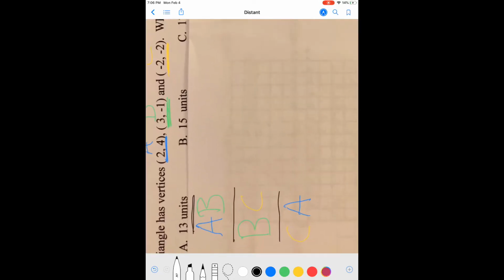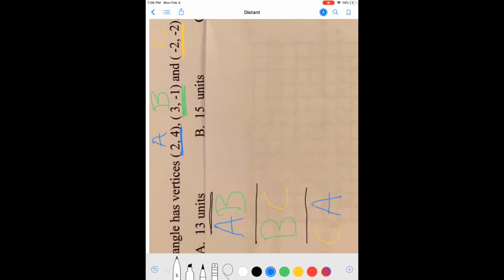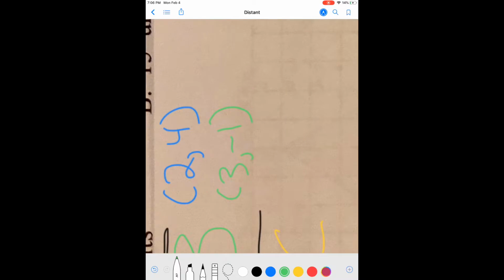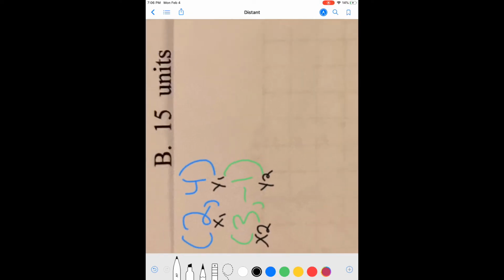So for AB, we have 2, 4, and 3, -1. We're going to identify what is our x1, y1, all of that good stuff. So x1, y1, x2, y2.